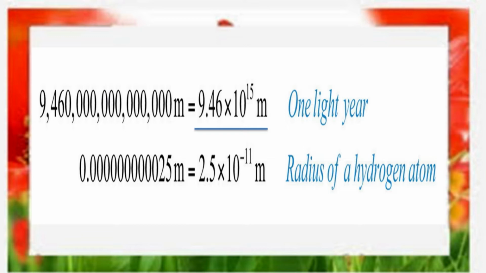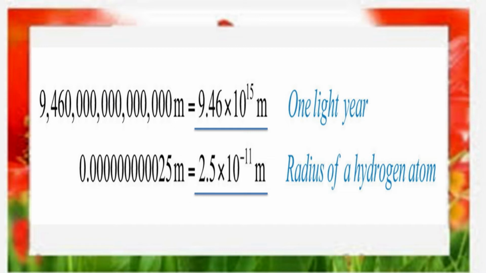Let us see another example. 0.000000000025 meter. See, this is also difficult to read, which is a very small number. This number also can be written as 2.5 into 10 power minus 11 meter.